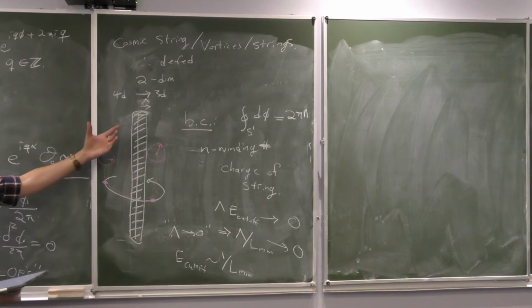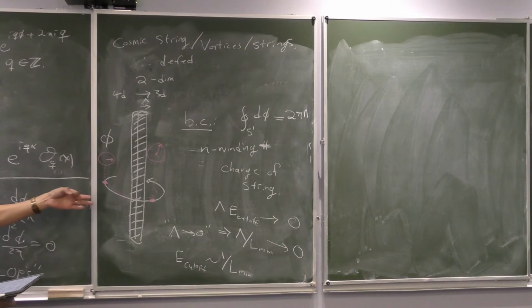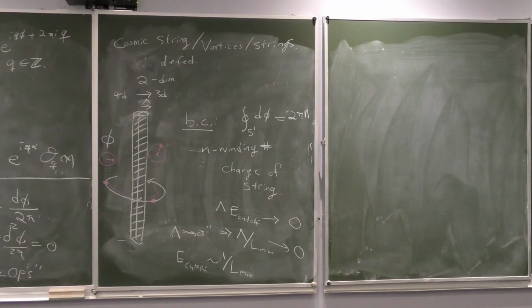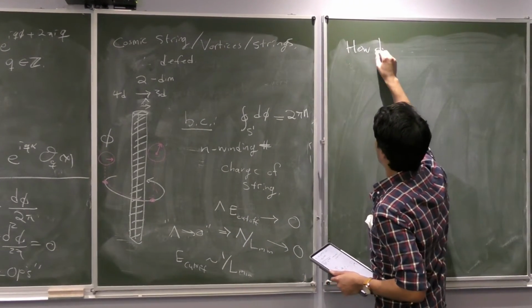So when you look very far away, it just looks like you have some operator here, even though if you look very closely, you'll see that there's a hole missing here. So this is how you define a defect operator, and in particular the cosmic string operator. Okay, good. So now you want to ask, how does the symmetry act?